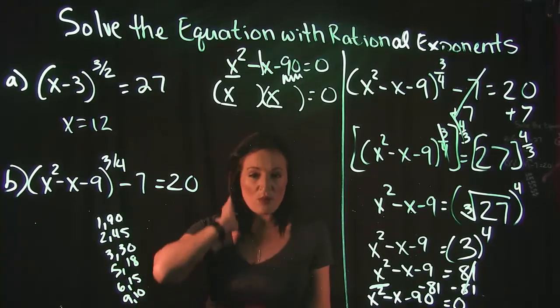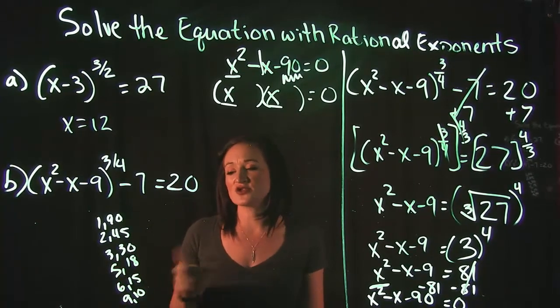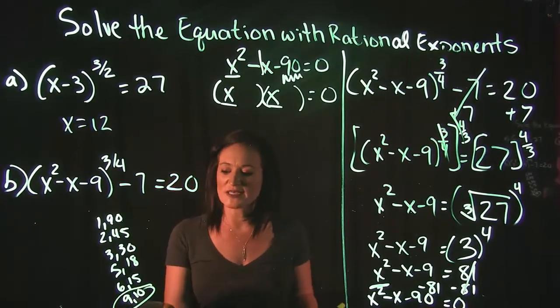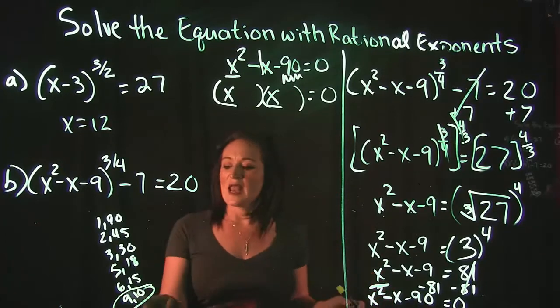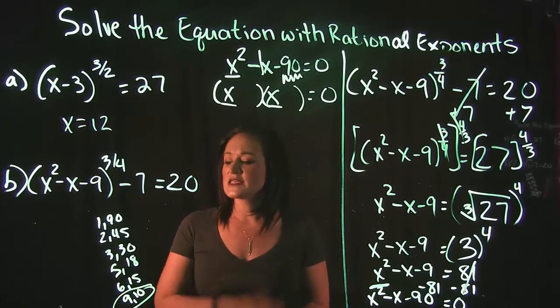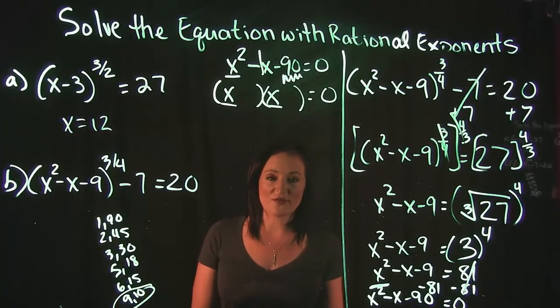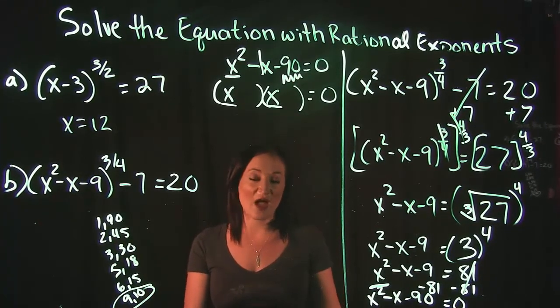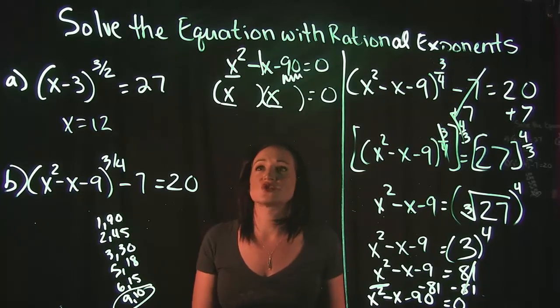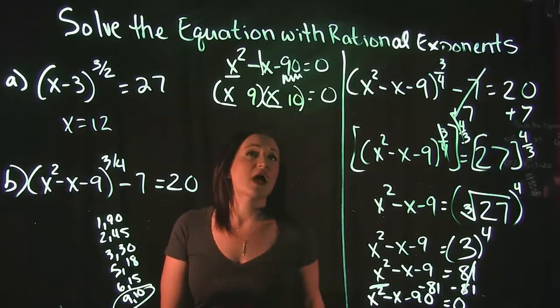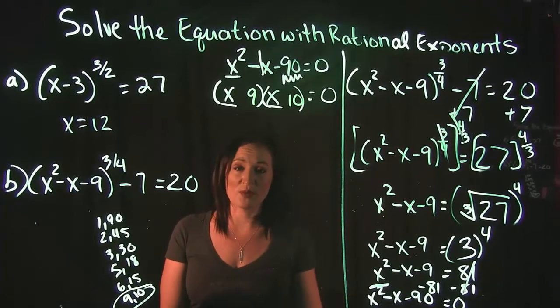We are looking for what multiplies to get 90 but adds or subtracts together to get 1. The only combination that works is the 9 and the 10. 9 times 10 is 90. 10 minus 9 is 1. If you need some refreshers on factoring, please search up the factoring videos and rewatch those. Otherwise, 9 and 10 are the factors we are going to use for this problem here.